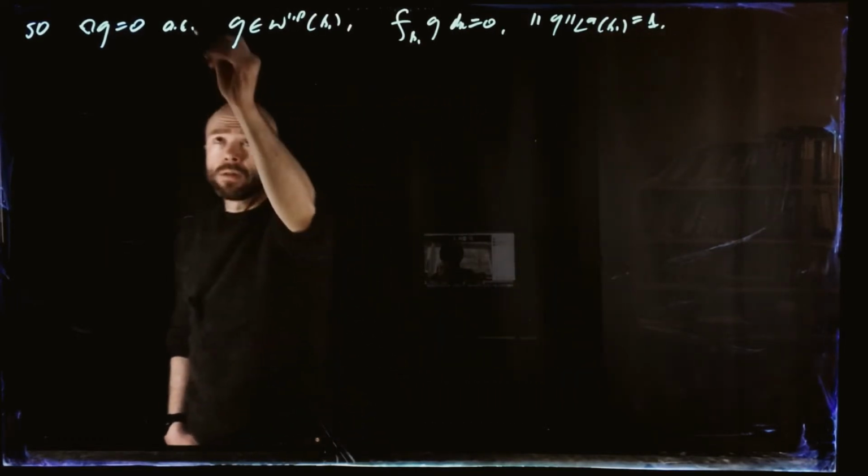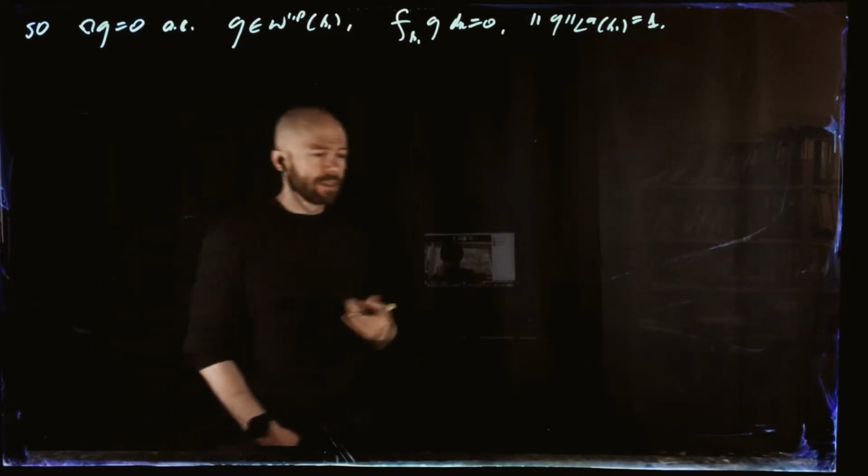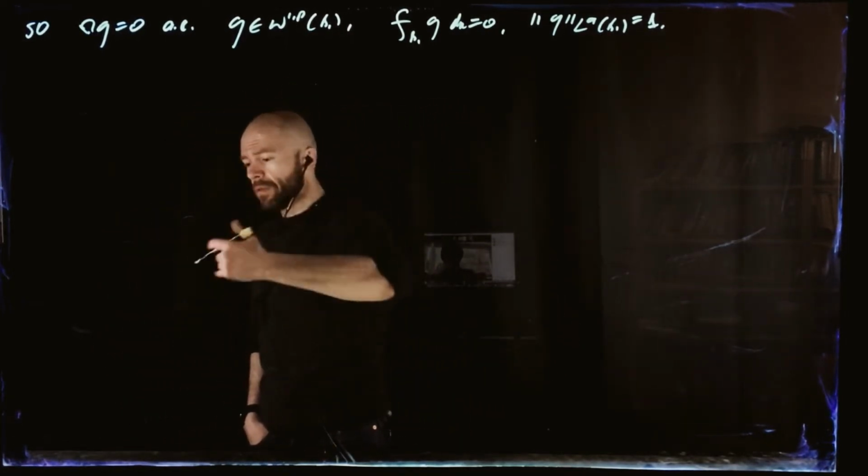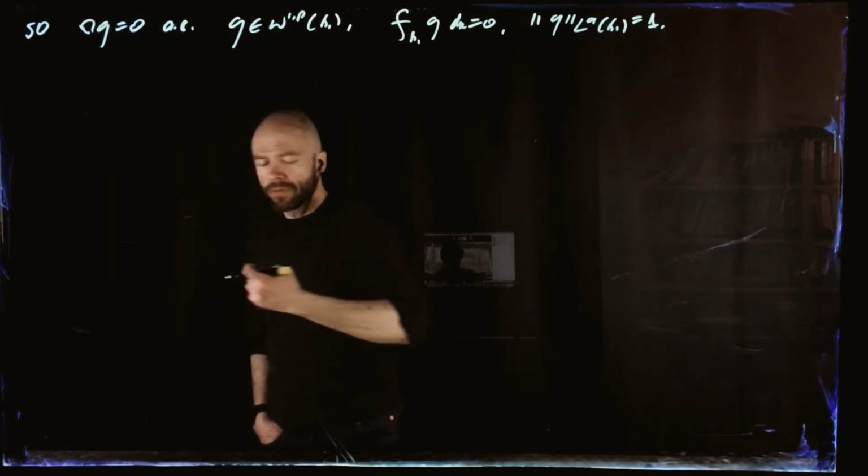And we're going to model this proof on how we would do it if we had a smooth function, but we're going to use facts about L^p functions.